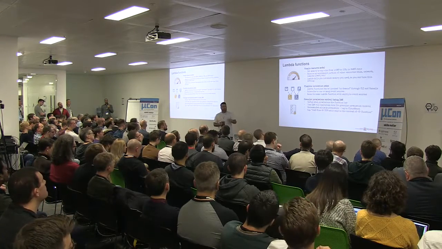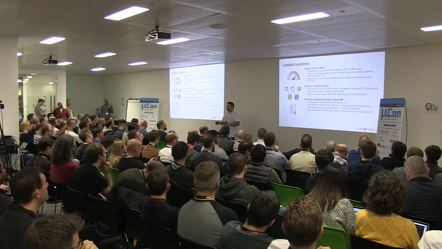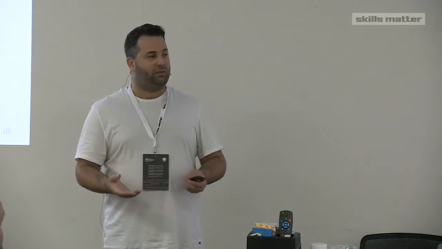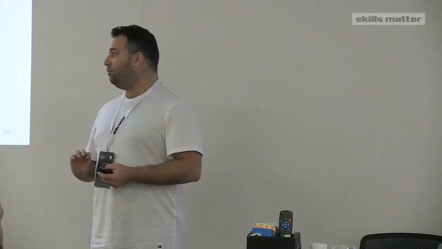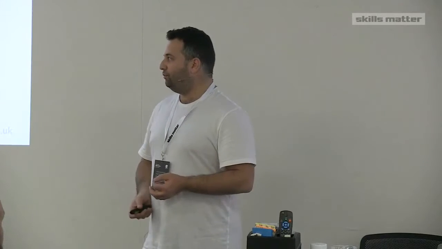So if I want to invoke it, actually I can invoke it with an API call. Every time something is happening in my application, I can invoke a Lambda function to do something. So Lambda is not limited by any trigger. You can trigger it whenever you need to.